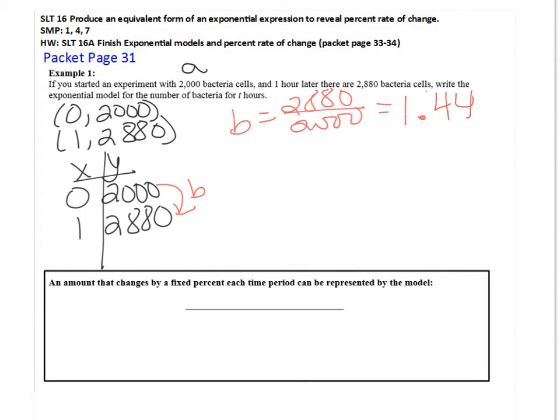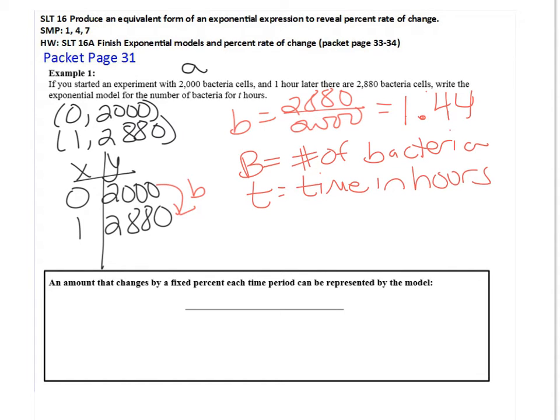So I'm going to use capital B for the number of bacteria, and T is going to be time in hours. It's really important that you include the units here for your time. So B equals the initial value, 2,000, times 1.44 to the T.